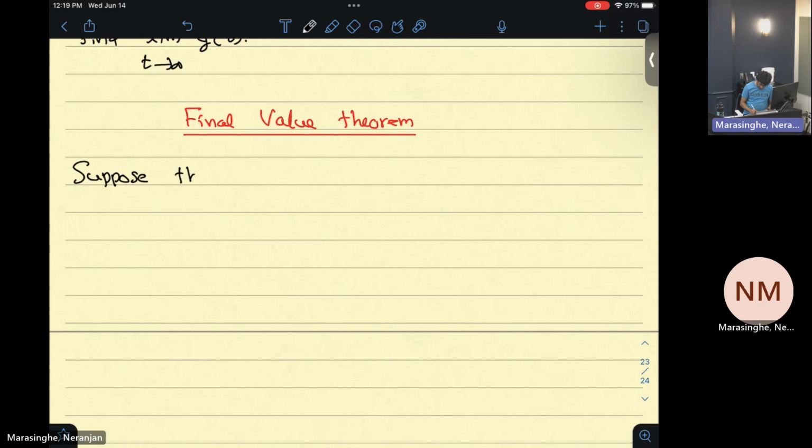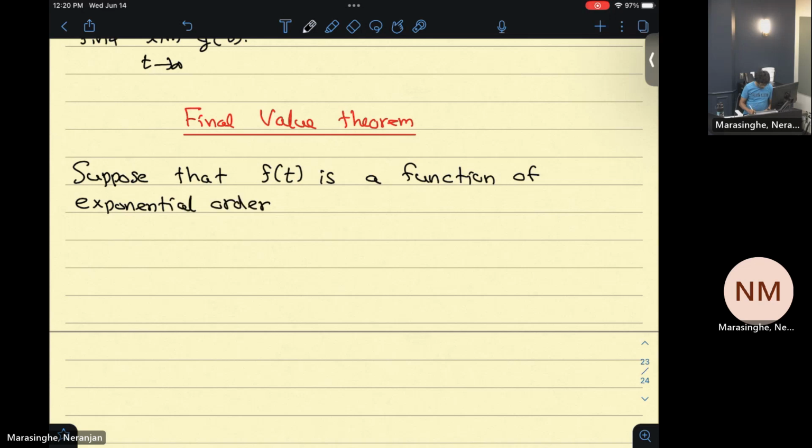Suppose that f(t) is a function of exponential order defined on 0 to infinity.